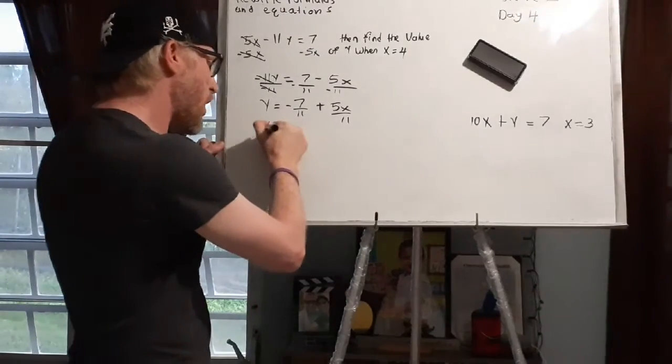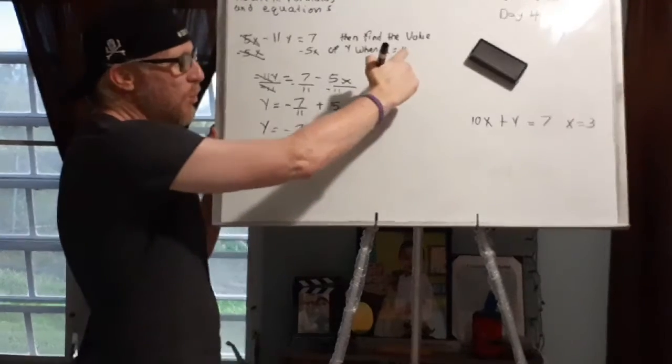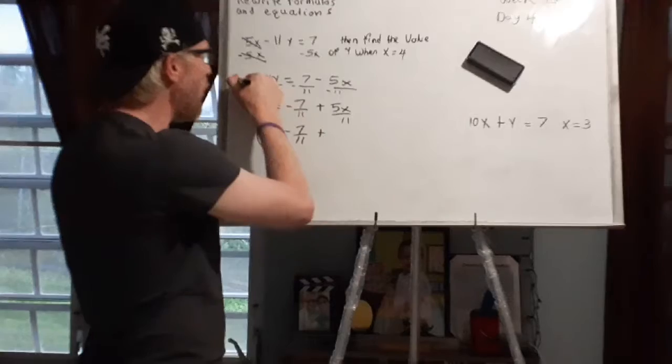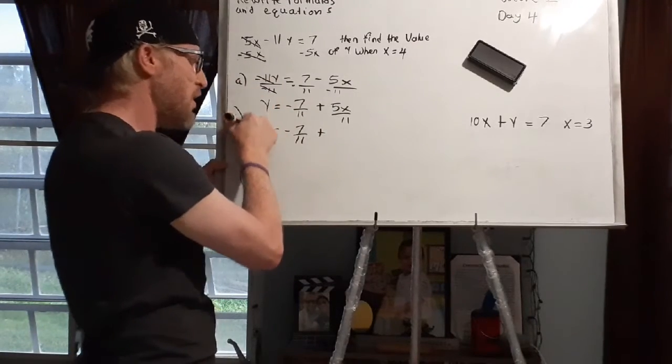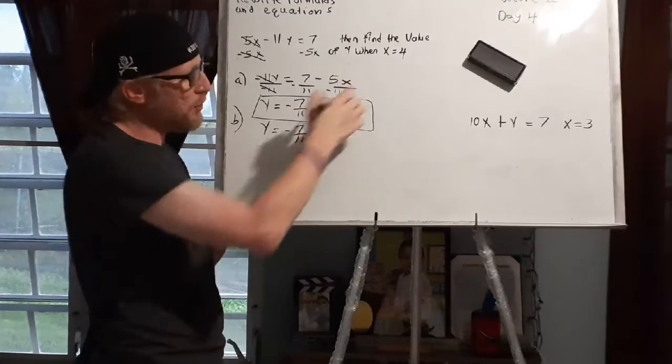So all you're going to do is say y equals negative 7 over 11 plus 5x over 11. Since we're going to find the value of y when x equals 4, we call this part A, and then we'll call this part B. Okay, so part A was this. Part B is to plug in 4.